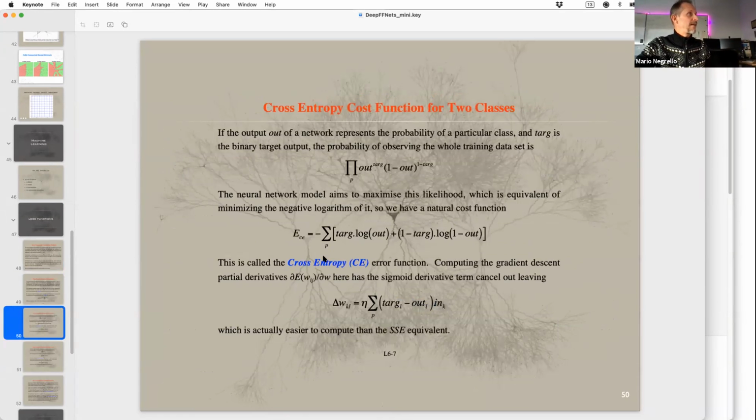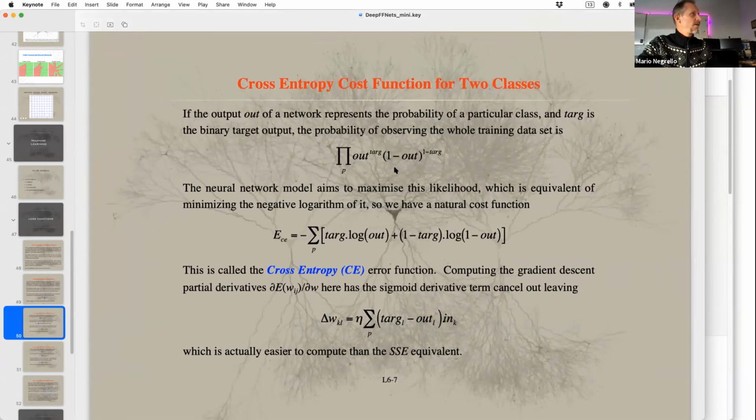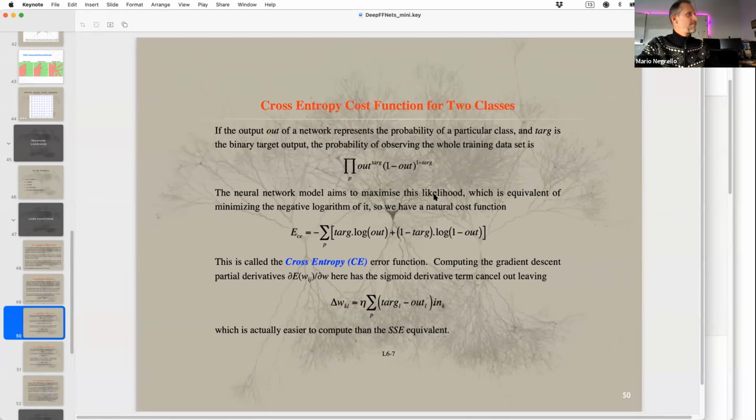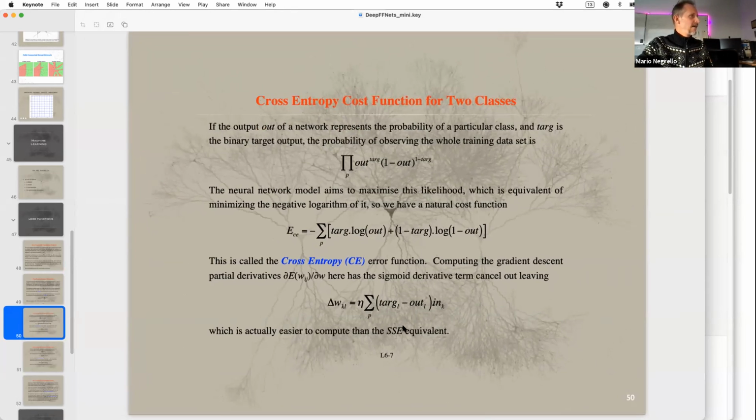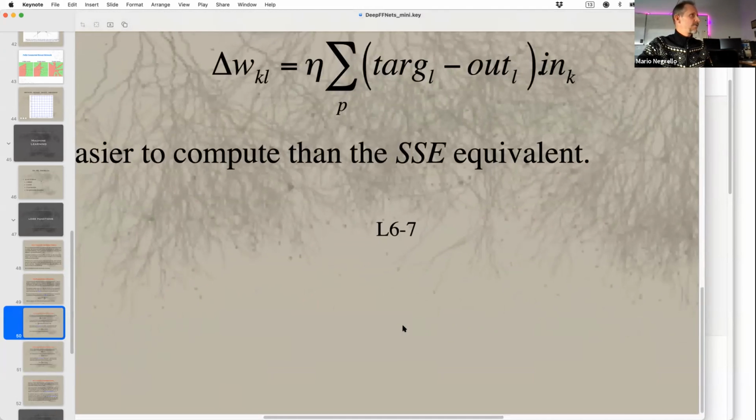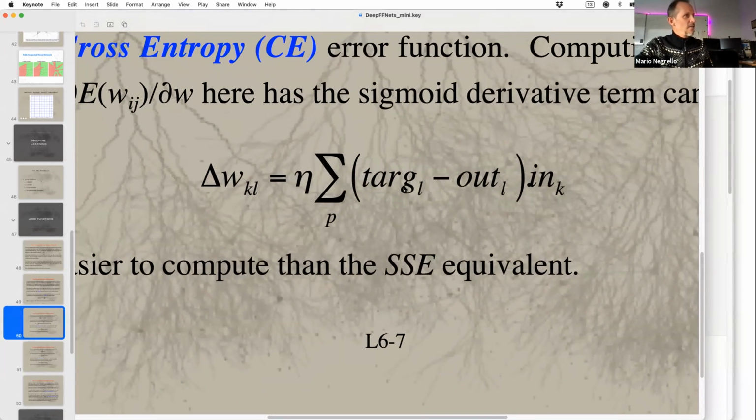Some types are categorical cross entropy loss, but I wanted to focus on the fact that in most cases we are actually subtracting the target of the unit minus the output of the unit, right? Times the weight going in, because that's what you're going to be changing, and an eta, which is the learning rate.